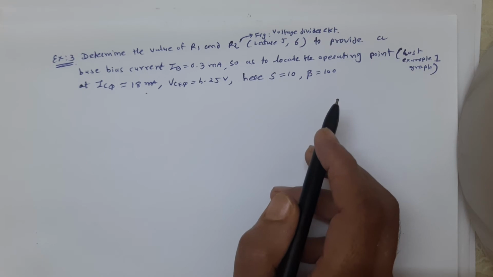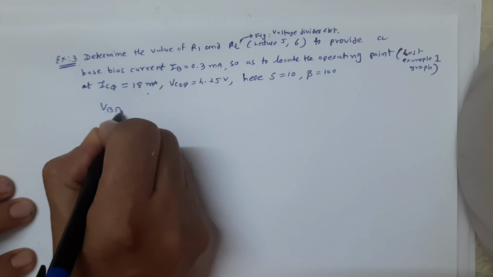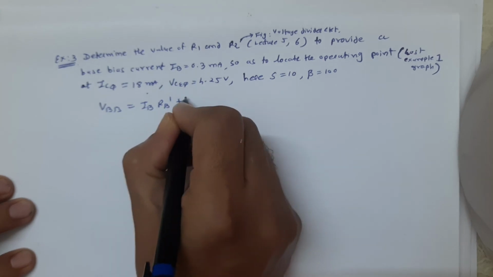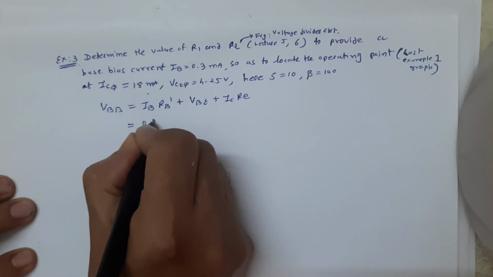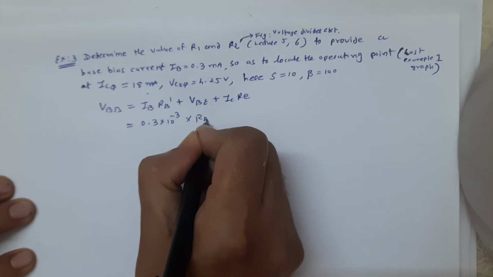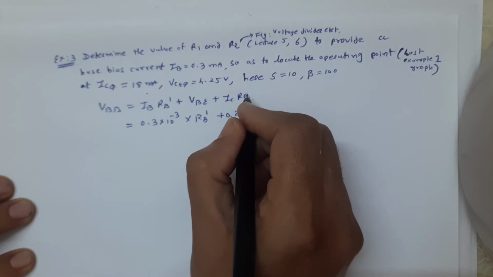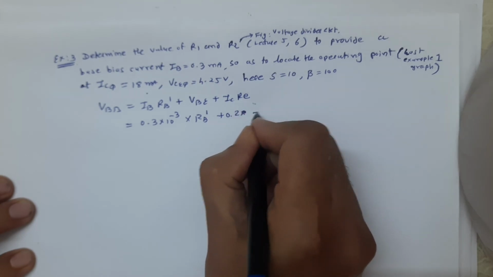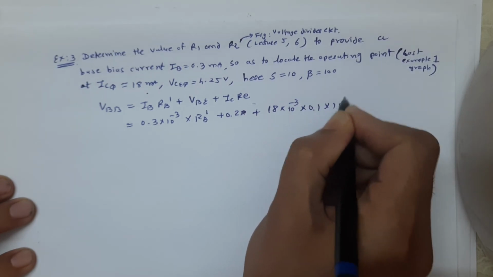So for this we know that VBB is equal to IBRB dash plus VBE plus ICRE, that is equal to 0.3 into 10 raised to minus 3 into RB dash plus 0.2 plus 18 into 10 raised to minus 3 into 0.1 into 10 raised to 3.